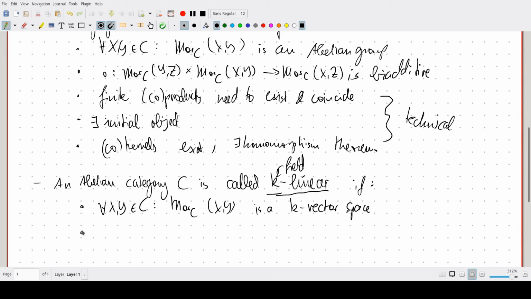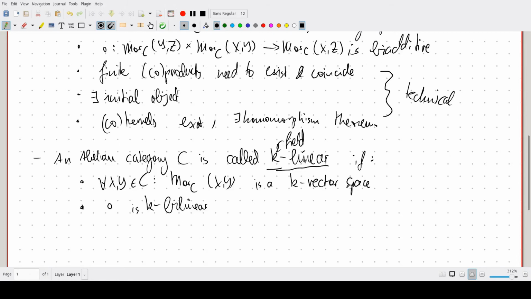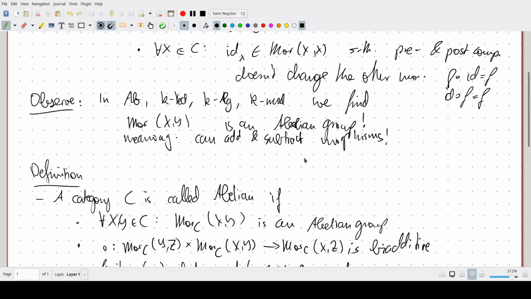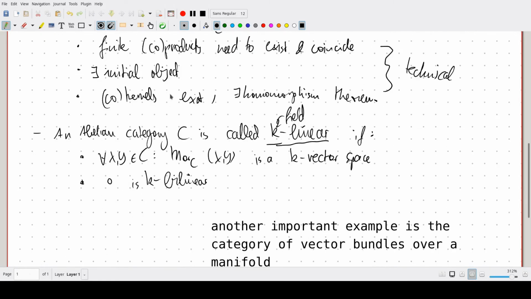And then we also have a condition on the composition, and we want the composition to be not only bi-additive, but in fact k-bilinear. And that's it. And if you look at the category of k-vector spaces, then it indeed turns out that the homomorphisms between k-vector spaces, you can add them, you can scale them, and the composition is bilinear.